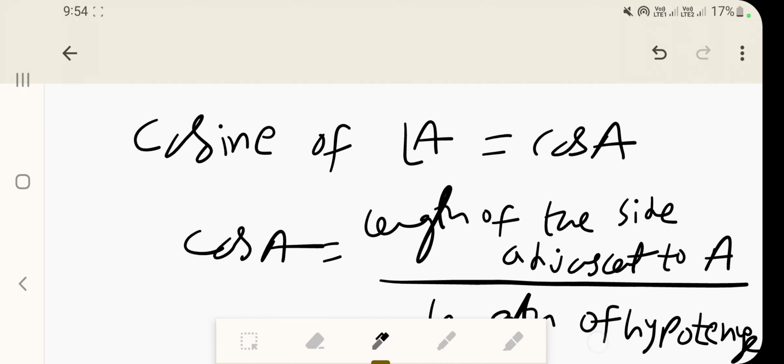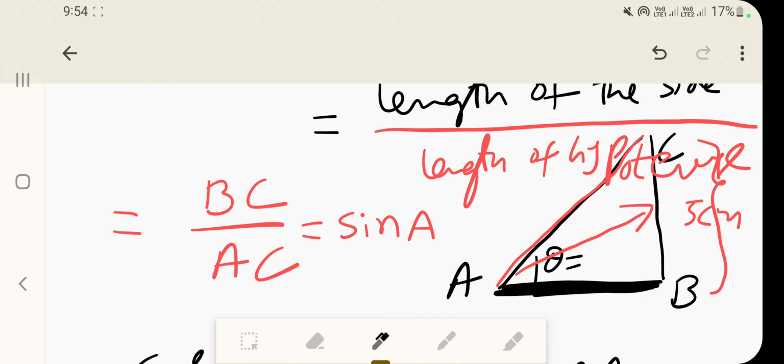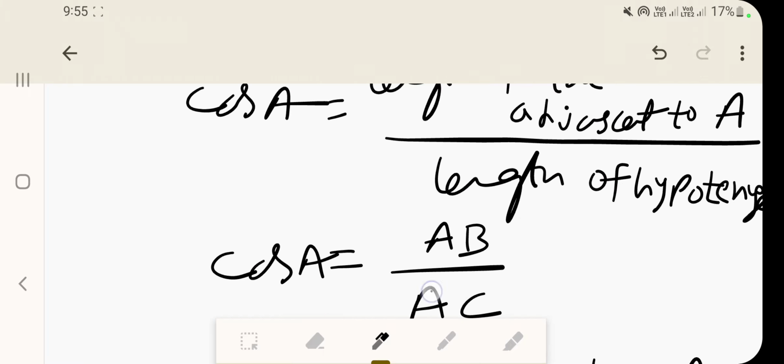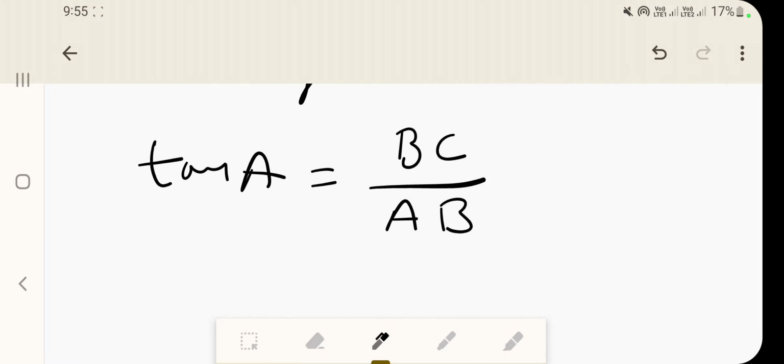So BC divided by AB. This is defined as tan A. So you have to remember sin A, cos A, tan A ratios.